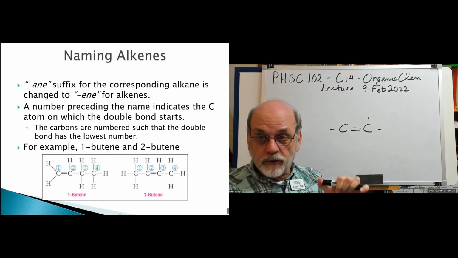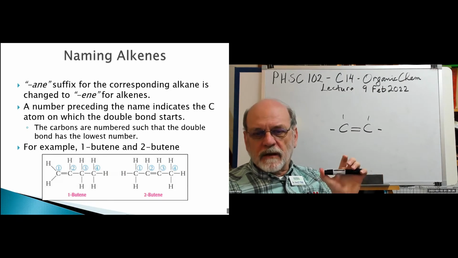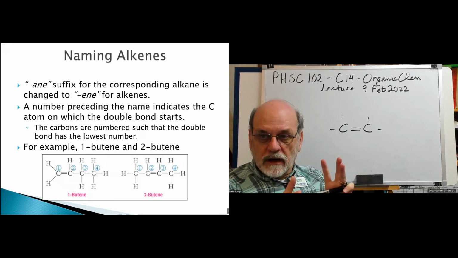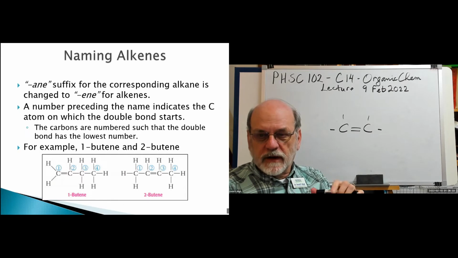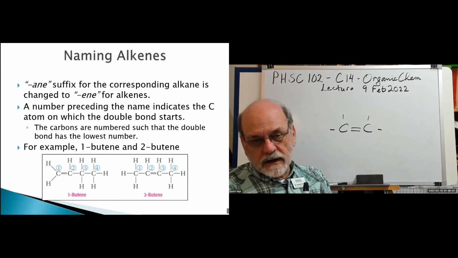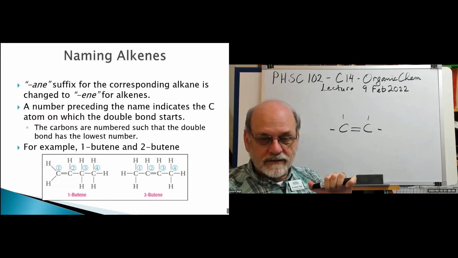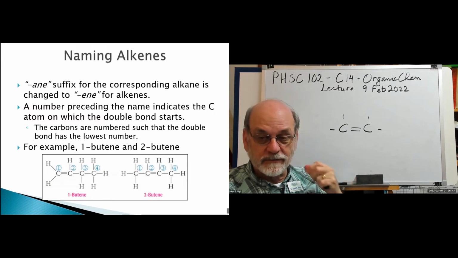I mean, it's not forbidden, but we need a naming convention that accounts for those other double bonds. We're going to stick to single double bonds right now, simply because there's not enough time to teach you everything there is to know about organic chemistry in just one lecture.